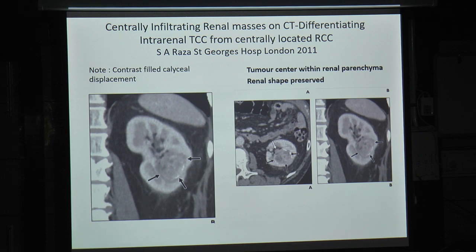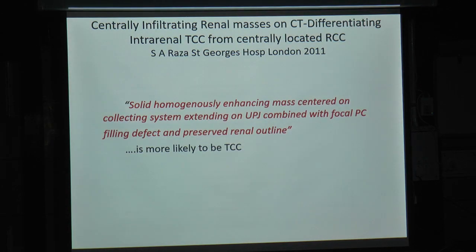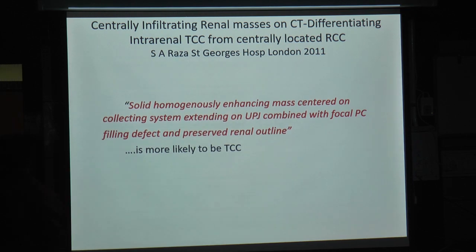This has a ball shape and probably at a later stage would distort the kidney, but the central ones can be very tricky and you have to use your judgment. So, if we sum up from the study, what do we learn? Anything that is a homogeneously enhancing mass, centered on the collecting system and extending into the UPJ. If it has gone to the ureter, even better.